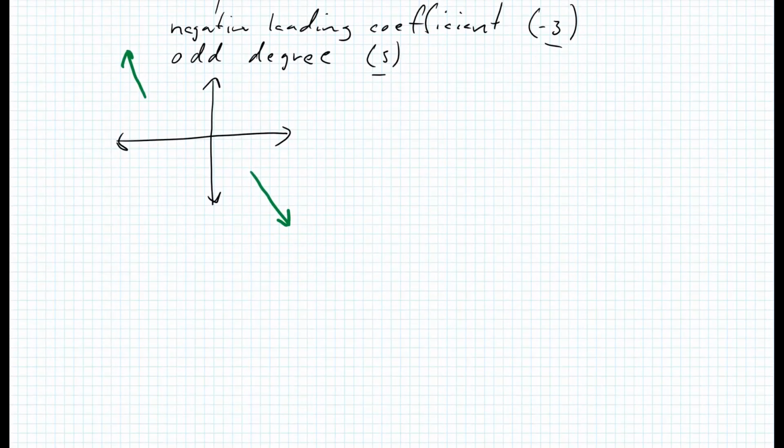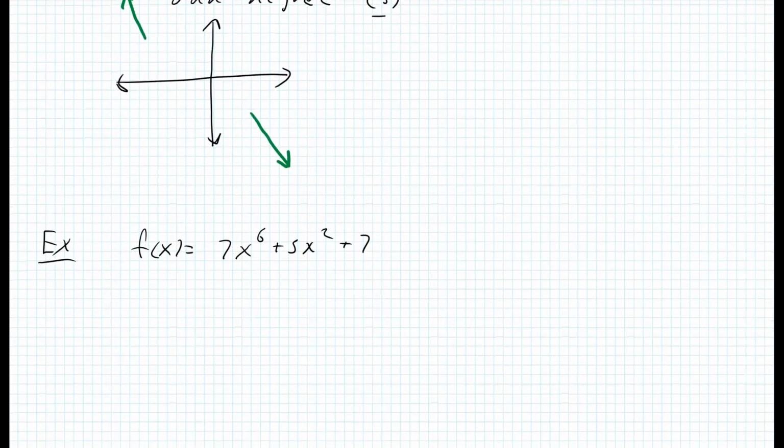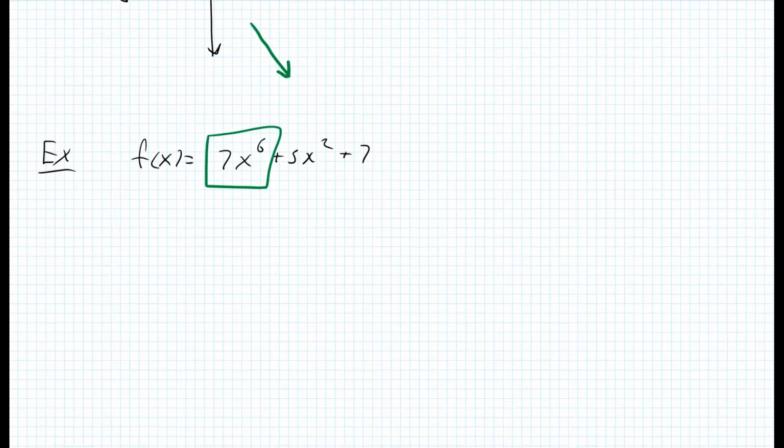I could do another example: f of x is equal to 7x to the 6th plus 5x squared plus 7. I want to make it short because I'm tired of writing, but I could have a bunch of terms in there. I only have to look at the first term to tell its end behavior, its overall shape for large values.